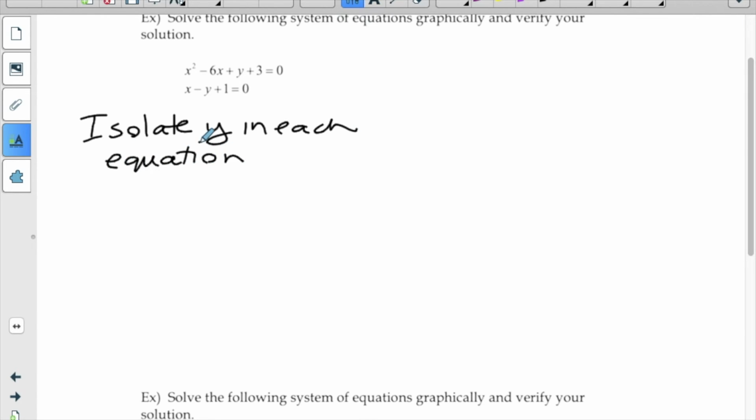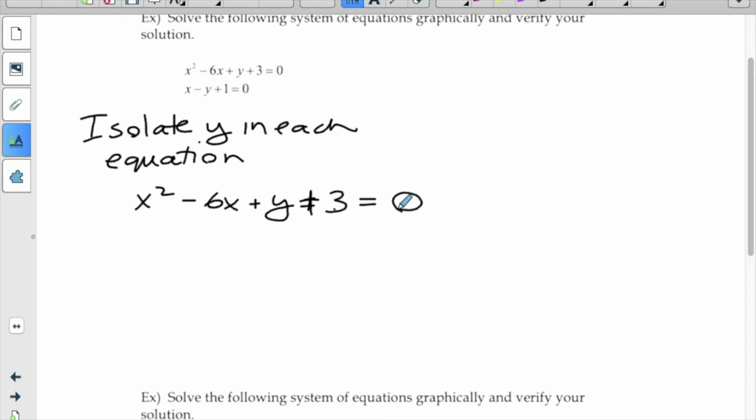Okay, so if I'm looking at my first one, x squared minus 6x plus y plus 3 equals 0. And I want y to be by itself. Then I might move everything else to the other side.